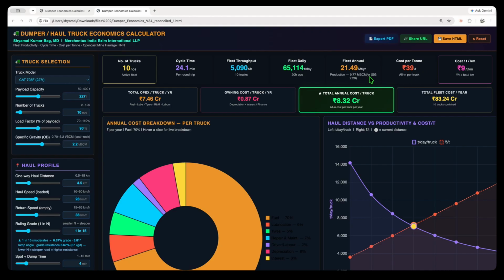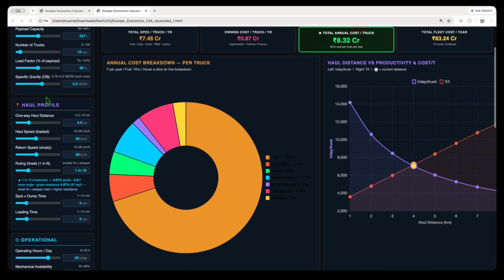Every one of them recalculates the instant you change an input. This side is the input, with no calculate button to press, but you will use the sliders.